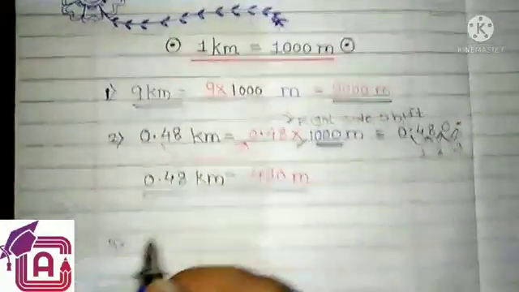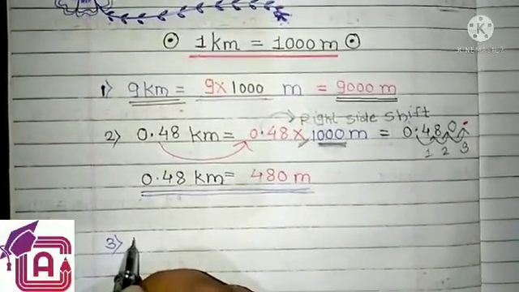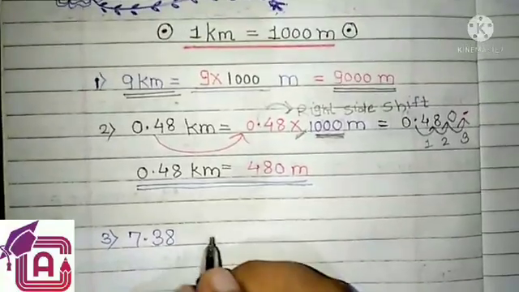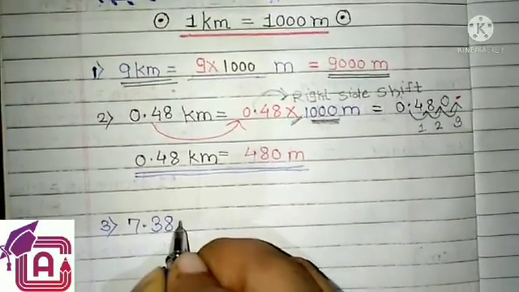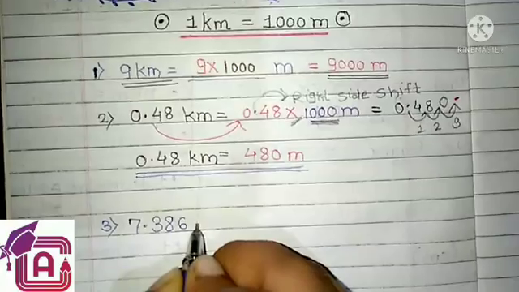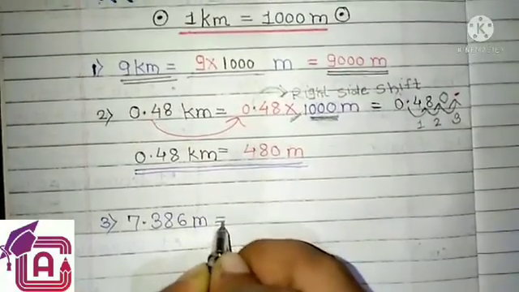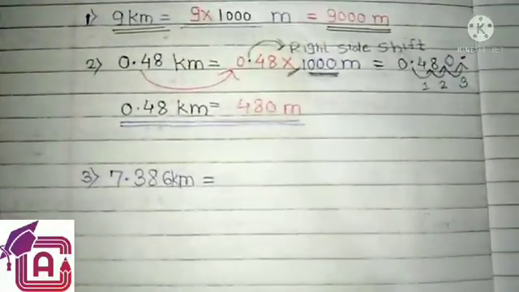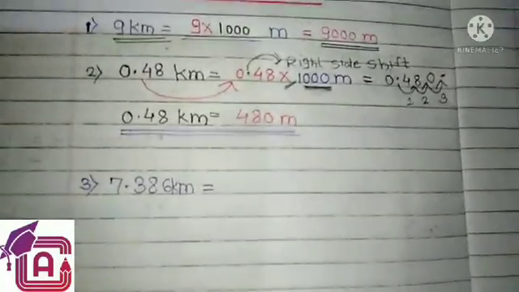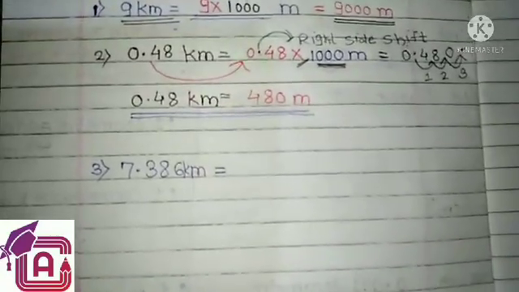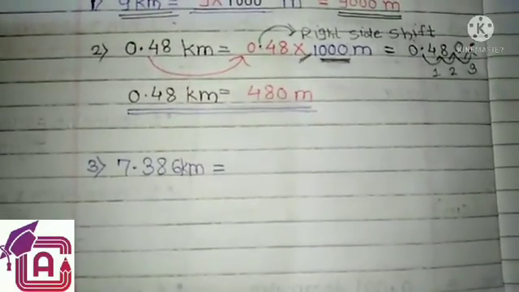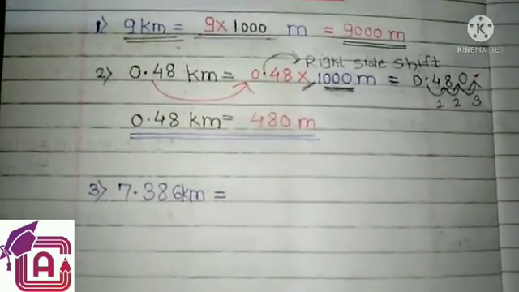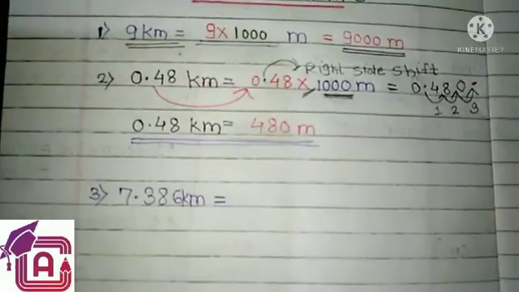If distance is given like this, 7.386 kilometer, and in that decimal fraction we have to identify how many kilometer is there and how many meter is there, because kilometer and meters are correlated terms.